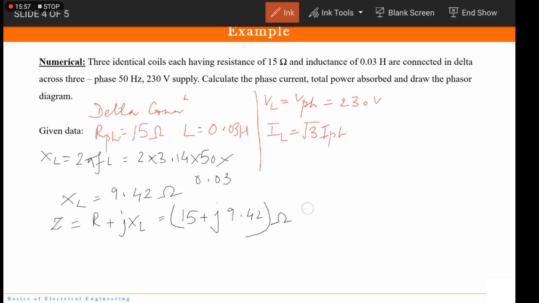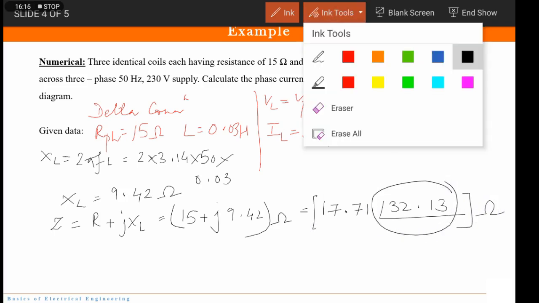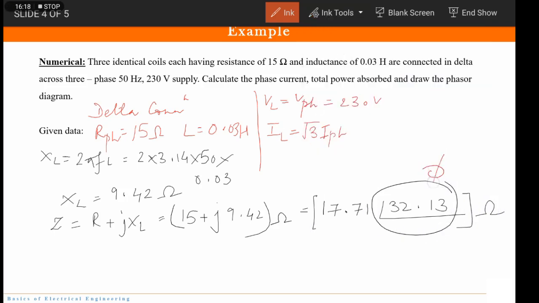Again, this is in rectangular form, so I need to convert it into polar form. After converting, the magnitude comes out to be 17.71 and the angle becomes 32.13. So this angle is nothing but phi.